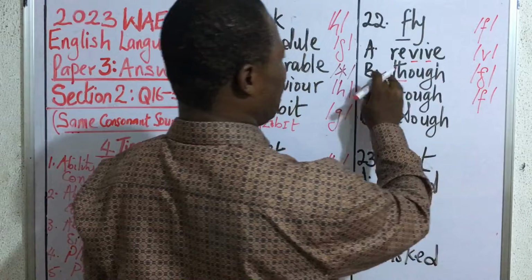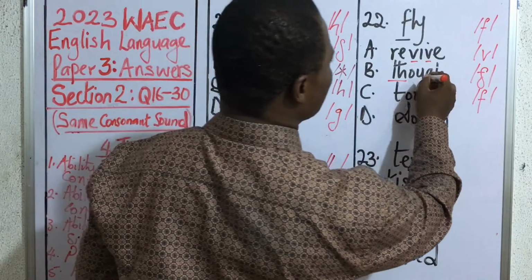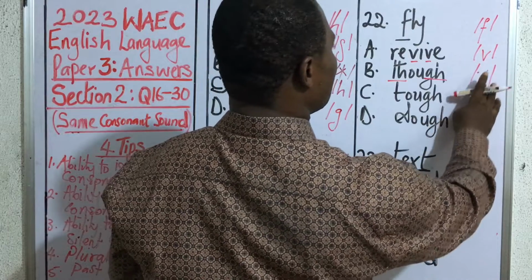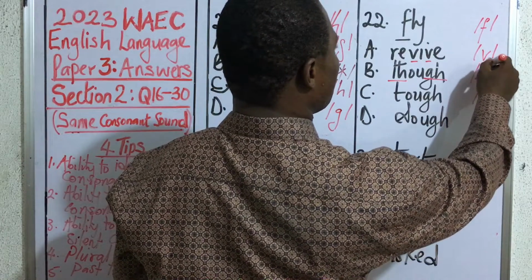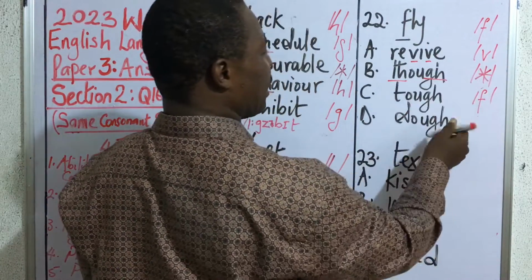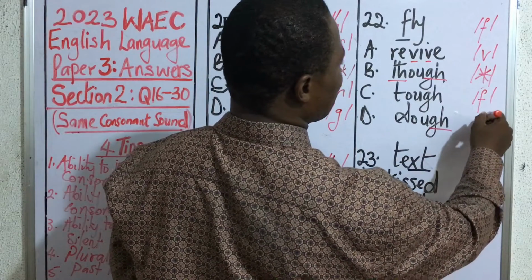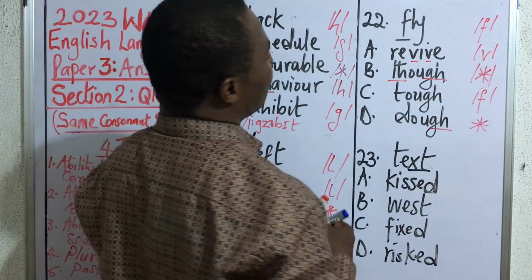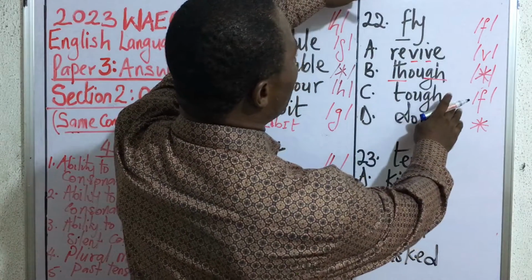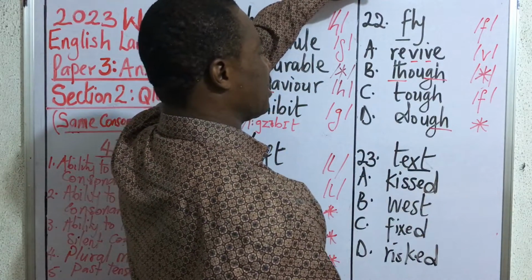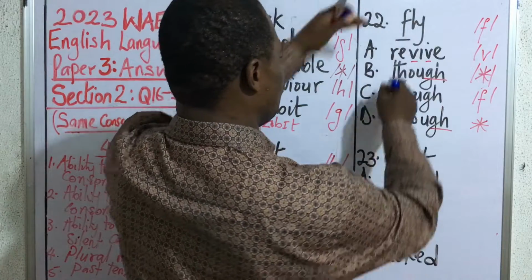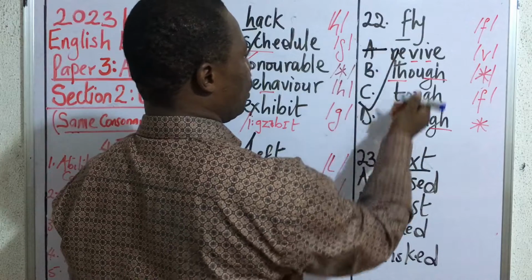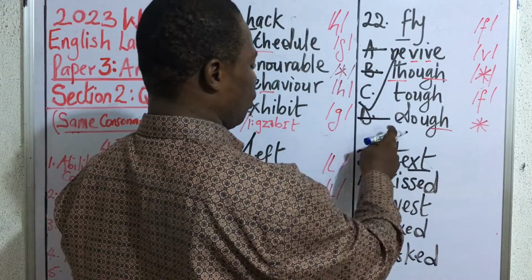I think that was what happened in option B. For this word, GH is a silent representation, and the GH here as well is a silent representation. So at the end of the day, the option that has the same sound as the sound underlined in the question is what? Option C, which is tough. Good. So options A, B, and D will not go.